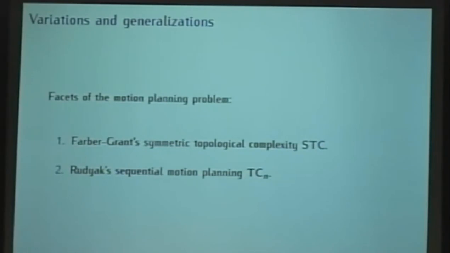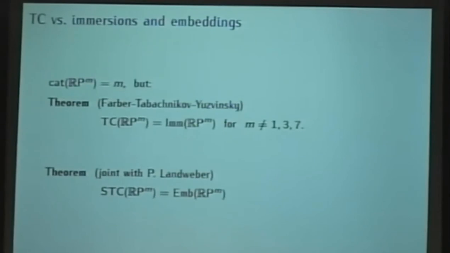And a solution for such a task is not only a path that should start and end in the prescribed points, but it should also visit in sequence the additional given points. So these all are homotopy invariant, except for the Farber-Grant one. That's not difficult to see.